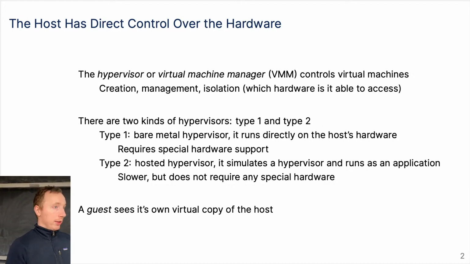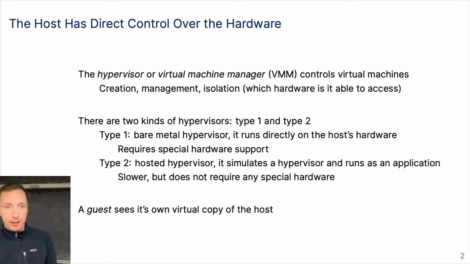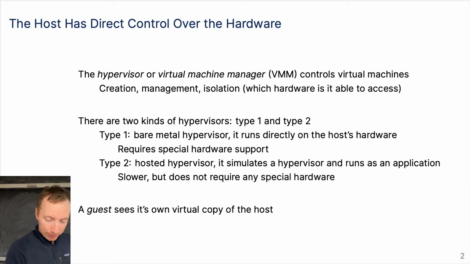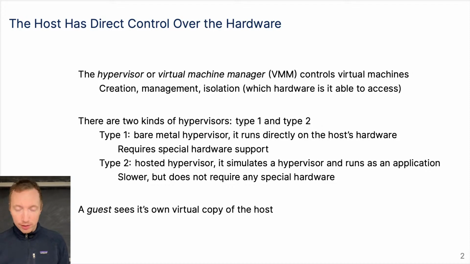When you actually implement hypervisors, there are two types, and you might care about them because it's kind of interesting, and because one is a lot slower than the other. Type 1 is a bare metal hypervisor, so it runs directly on the hardware, and this requires special hardware support, as we'll see. The other is a type 2 hypervisor, called a hosted hypervisor, which simulates a hypervisor but just runs as a normal application.